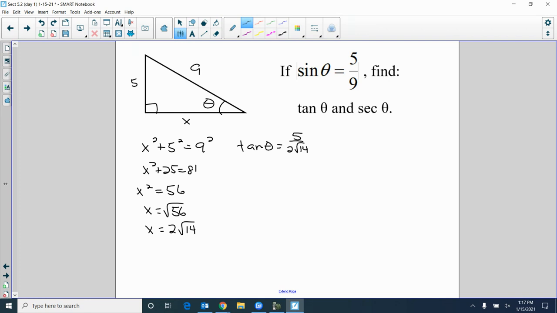Some people think you got to multiply by whatever the denominator is. That's not the case. Just radical 14 will make it the easiest work. So tangent of theta is 5 square root of 14 over 28. Square root of 14 times square root of 14 is 14, then you got 2. Nothing reduces. Leave that.